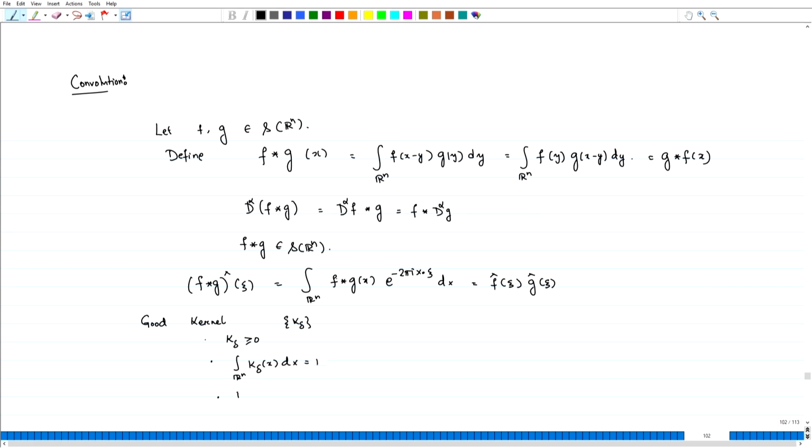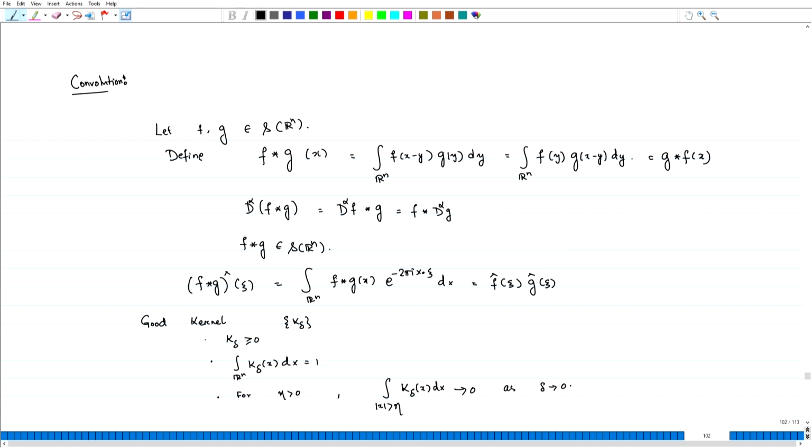So, for any eta greater than 0, the integral over mod x greater than eta of k_delta of x dx goes to 0 as delta goes to 0.